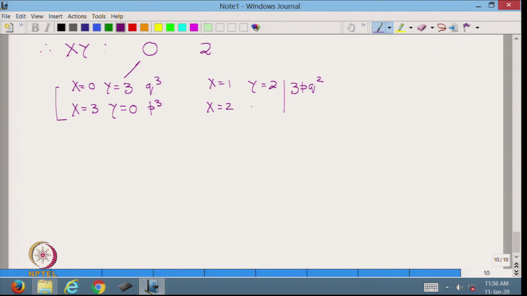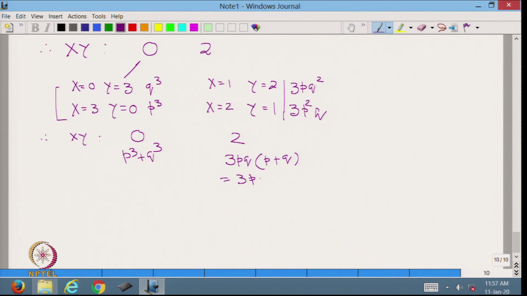X is equal to 2 and therefore Y is equal to 1, and that probability is 3p square q. Therefore, XY has two values 0 and 2 with probabilities p cube plus q cube, and here it is 3pq into (p plus q), which is equal to 3pq.